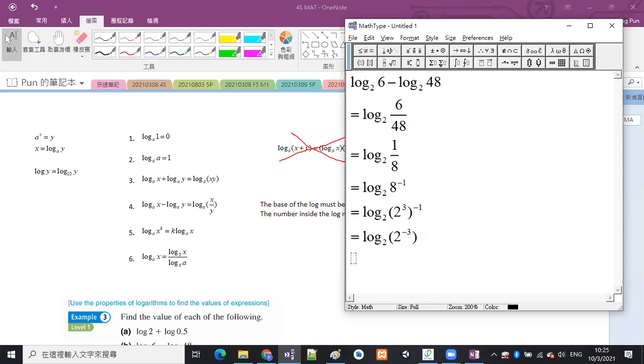And now it is in the form of log x to the power k. So we have a single power inside the log. And the power can be brought to the front of the log. Okay? 即係喺 log 裏邊嘅數嘅次方，如果係一整個數嘅次方嘅話咧，我哋就可以將個次方帶翻上去個 log 嘅前邊，乘俾個 log 咁樣樣。Okay, it becomes negative 3 times log 2 base 2.